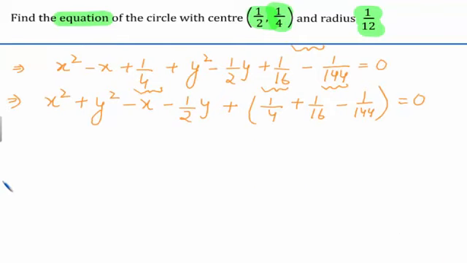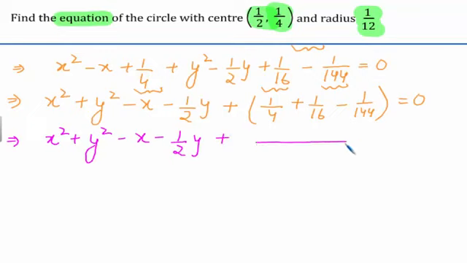This further implies that x square plus y square minus x minus 1/2 y plus, now the LCM of the denominators of the three terms is 144. Now 4 into 36 is 144, so in the numerator we have 36 plus, now 16 into 9 gives 144 and 9 ones are 9, so 9 in the numerator minus 1 is equal to 0.